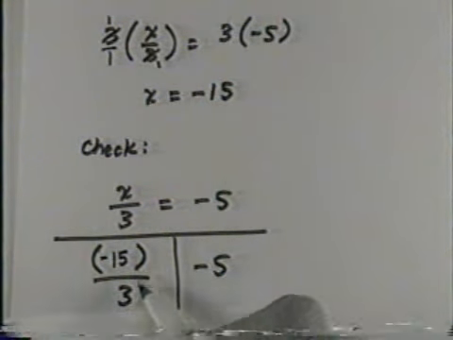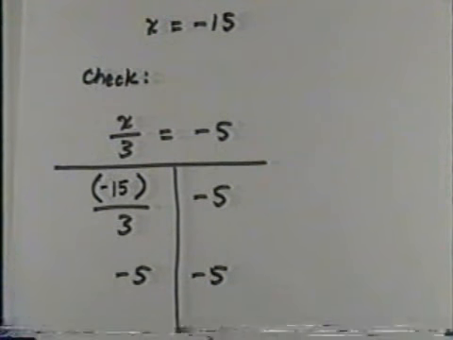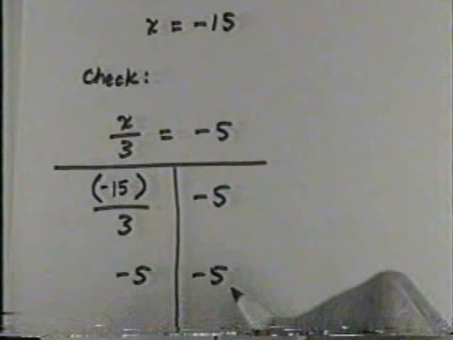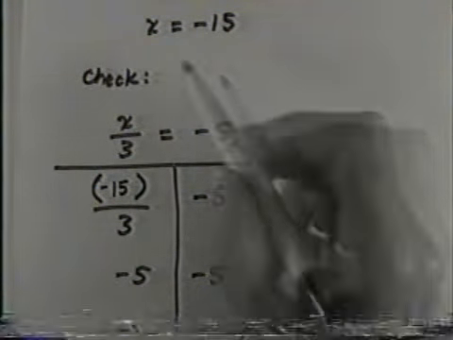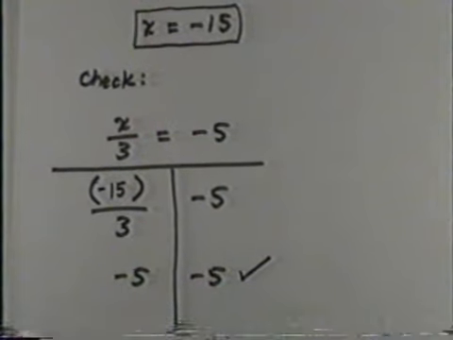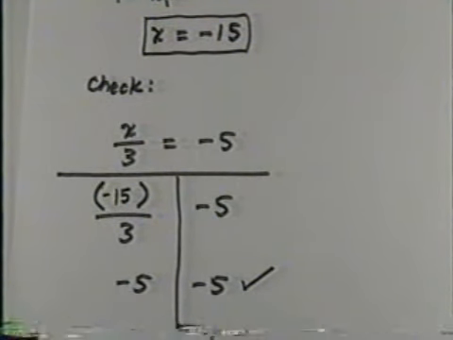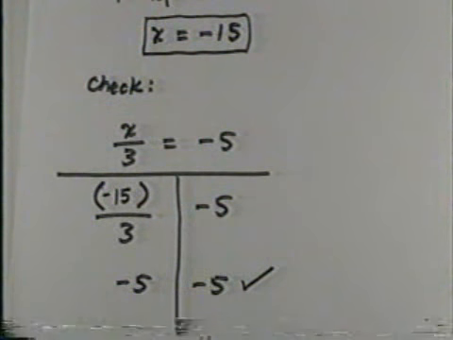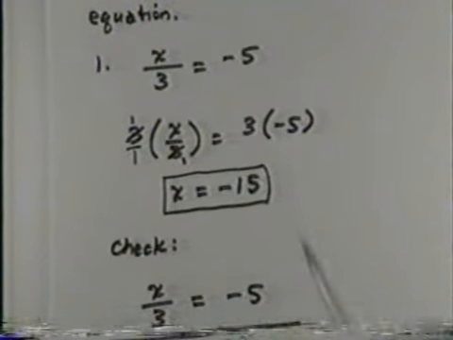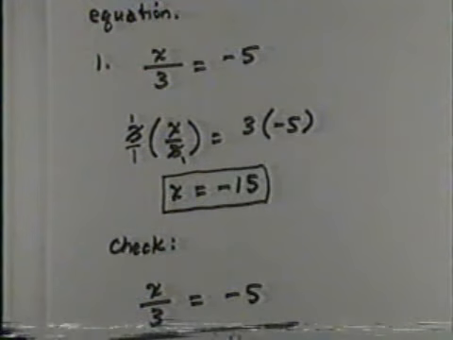Then on the left, negative 15 divided by 3 gives us negative 5. Negative 5 equals negative 5, which checks. That means the solution x equals negative 15 is correct. So in this case, we eliminated the coefficient by multiplying.